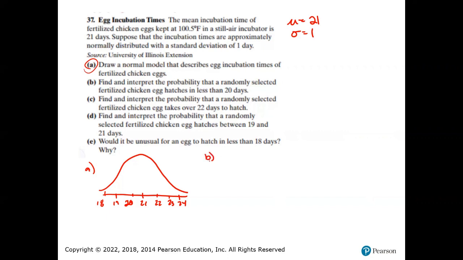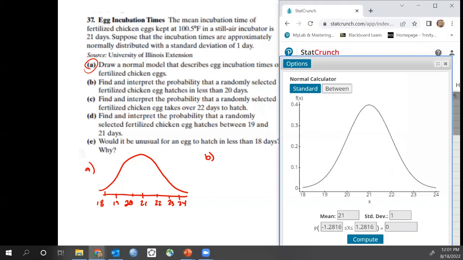All right, B, find and interpret the probability that a randomly selected fertilized chicken egg hatches in less than 20 days. We want to go less than 20. All right, let's go back to standard, and I want less than 20. I got 0.1587.